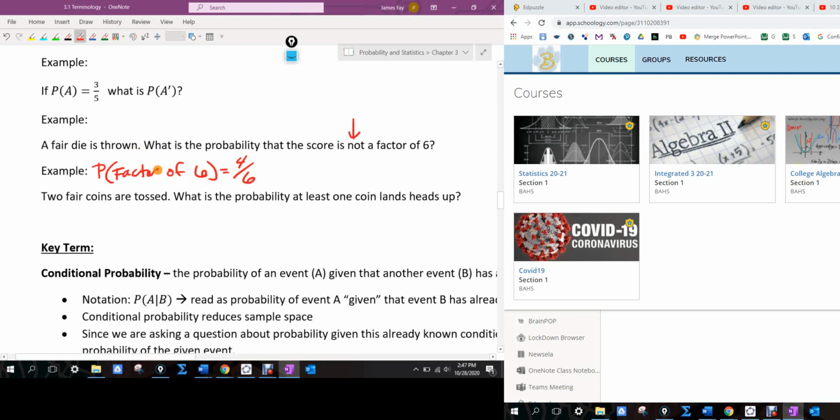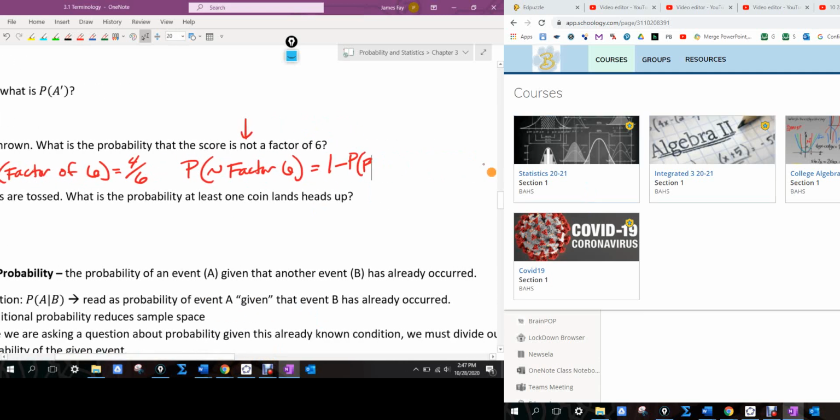Okay. So then the probability that it's not a factor of 6 would be 1 minus the probability that it is a factor of 6. Which would be 1 minus 4/6, which becomes then 2/6 or 1/3, right?